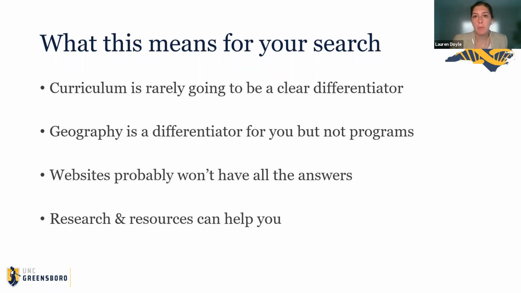Geography in and of itself, as I mentioned a little bit earlier, will likely be a differentiator for you, depending on where you are comfortable searching geographically, but it's not necessarily a differentiator for programs. Programs in similar geographic regions often vary widely from each other, and there may be programs that are more similar in totally different areas of the country.